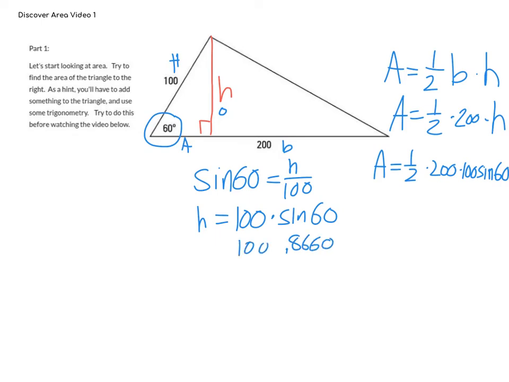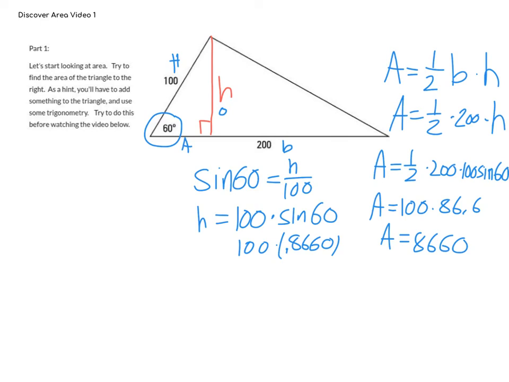So we end up with 100 times 0.8660, which is going to end up being 86.6. So we've got area is 1/2 times 200, which is 100, times 86.6, and that gives us 8660. And I have no idea what these units are, so we're good.